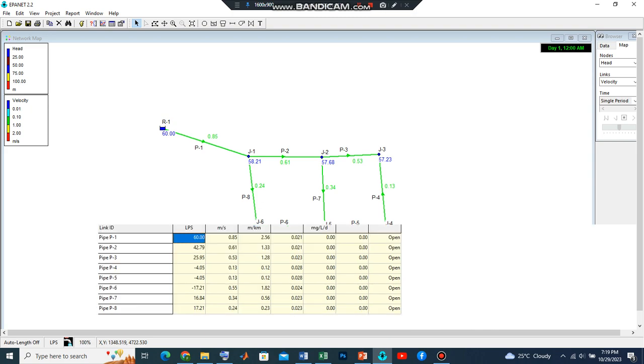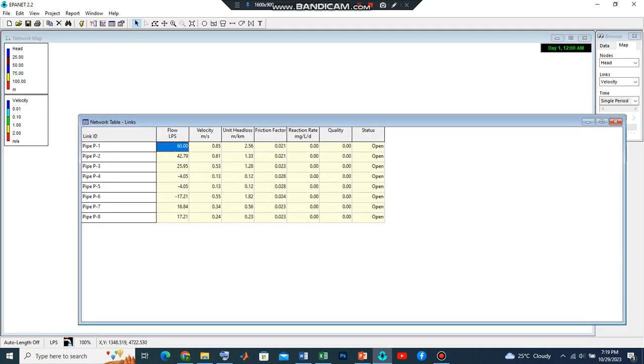And so we can determine the unit head loss. We can also determine the friction factor and also the reaction rate. And the flow is given here. The negative sign shows that the flows are moving in opposite directions.